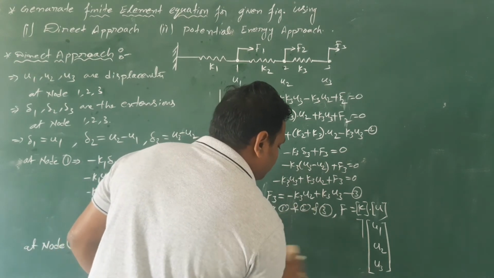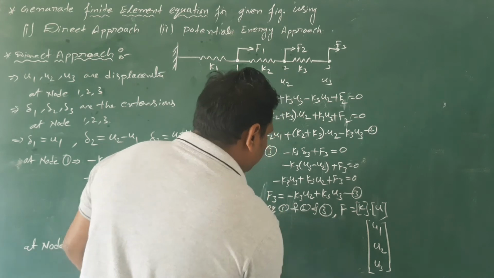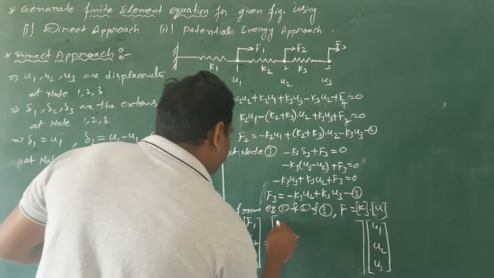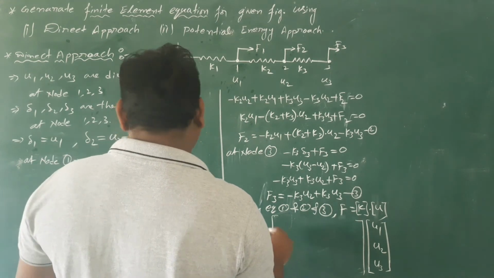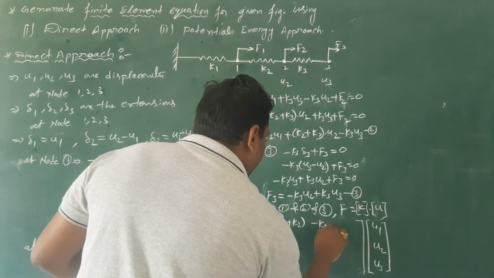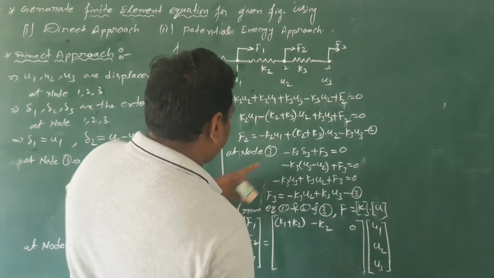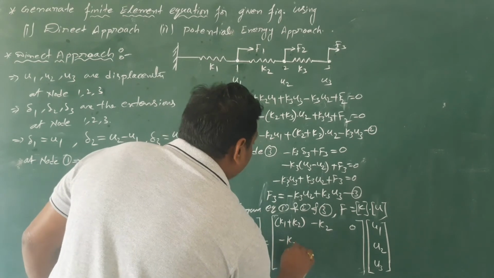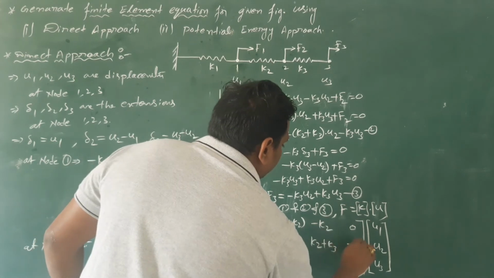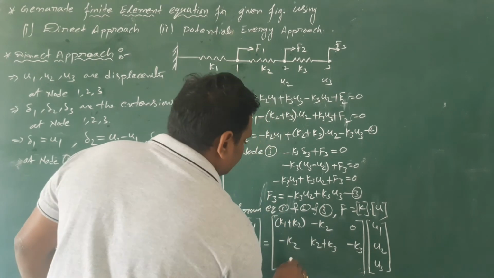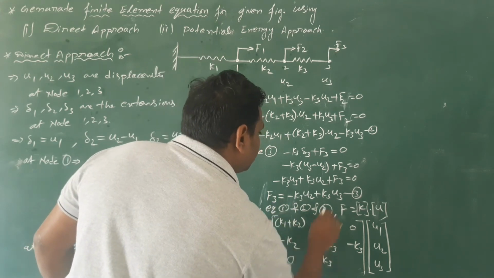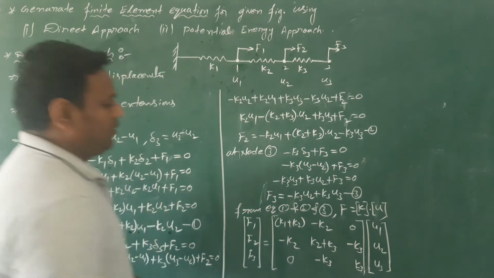I will write it again. K1 plus K2, minus K2, 0; here minus K2, K2 plus K3, minus K3; here 0, minus K3, K3.